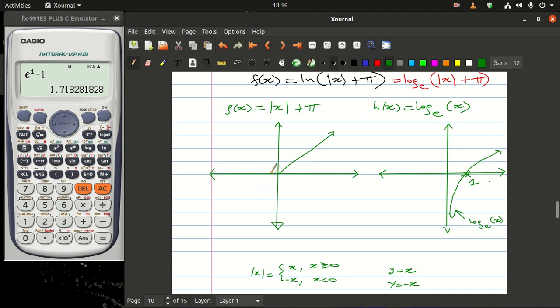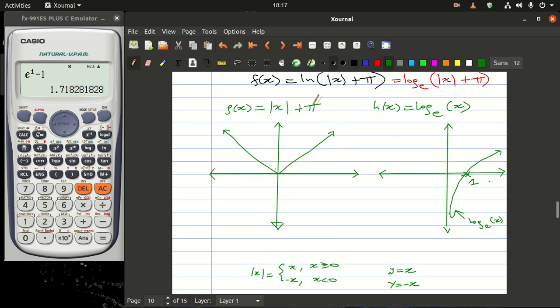Now, if I take a negative value and I multiply by a negative value, I will end up getting a positive value. So which means that this also will look like this. It's going to look something like this. So that's how the absolute value, the modulus function, looks like.